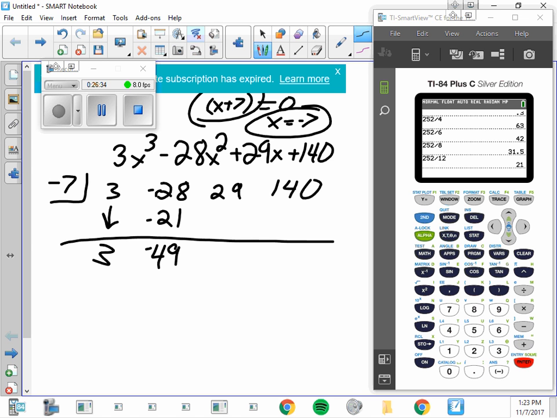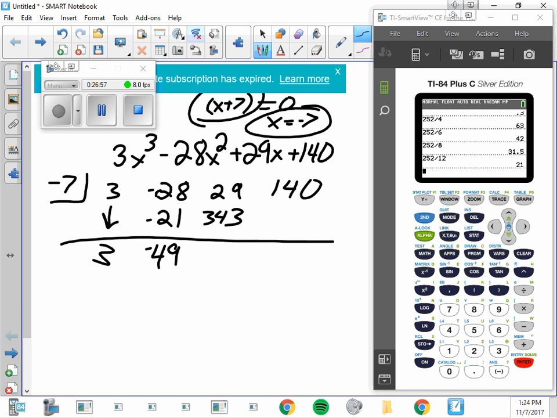Hang on. Let me make sure I didn't write this down wrong, because this is getting really big really fast. 3x squared minus 28x plus 29 plus 140. Oh, yeah, okay. What is -7 times 49? Wow, this is a terrible problem. Oh well.